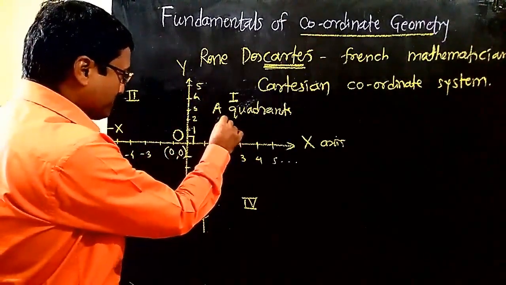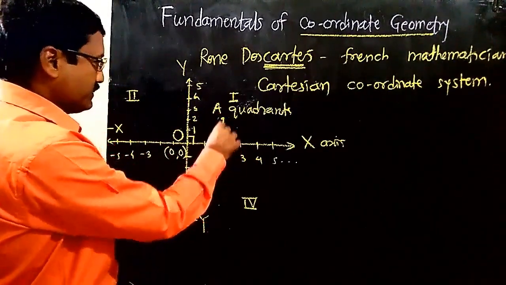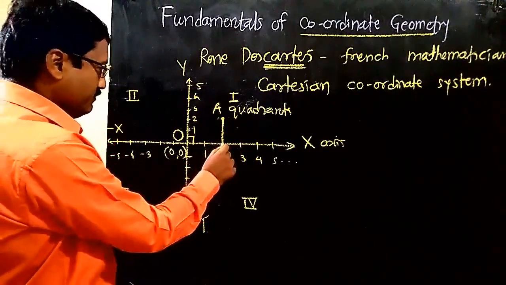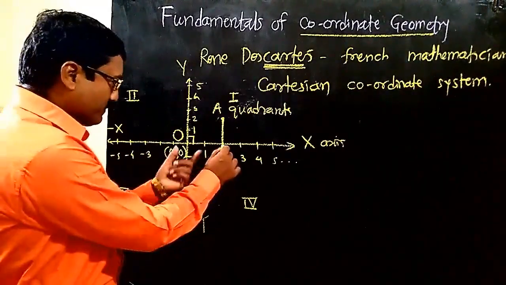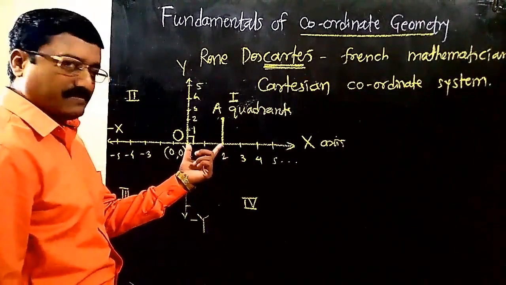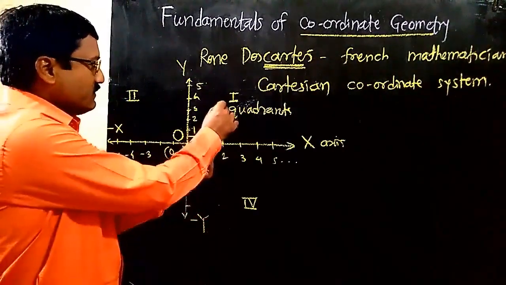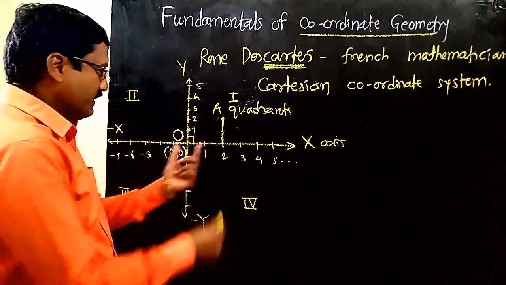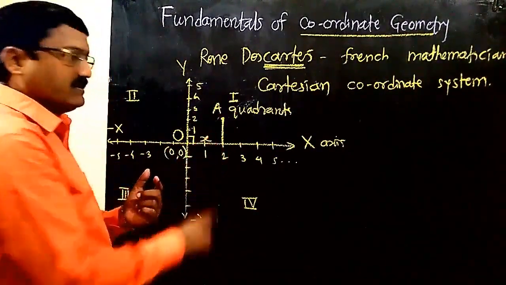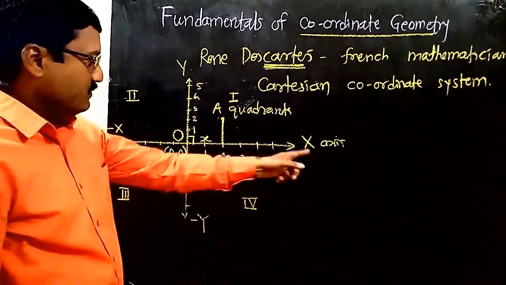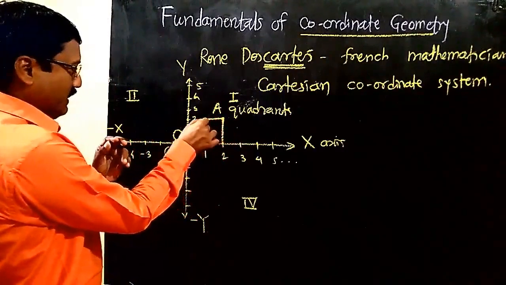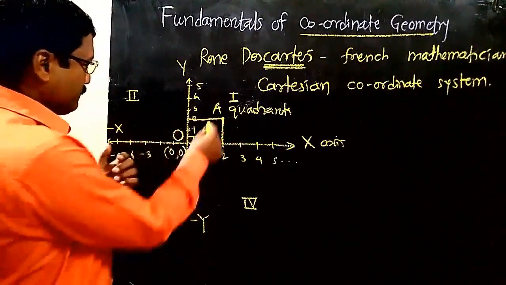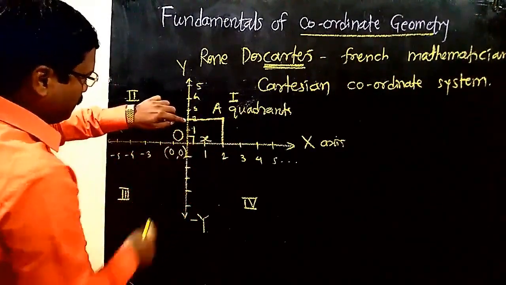If you draw a perpendicular from A on the x-axis, then we get this as the foot of the perpendicular, and the distance of this foot of the perpendicular from the origin is nothing but the x coordinate of point A, and this will be denoted by small x for x-axis. And if you draw a perpendicular from point A on the y-axis, then this will be the foot of the perpendicular.